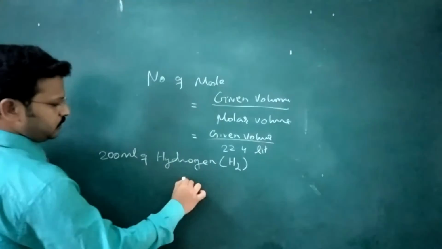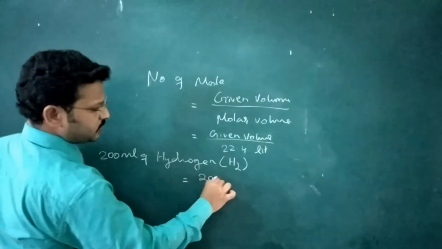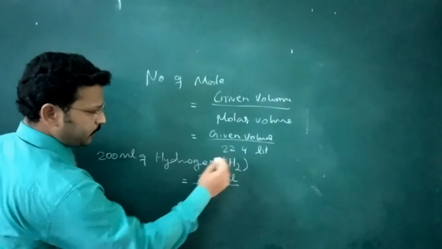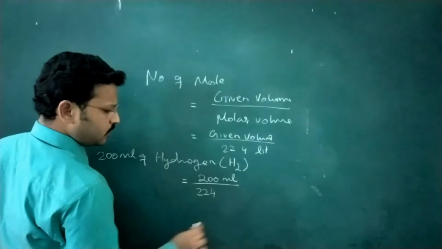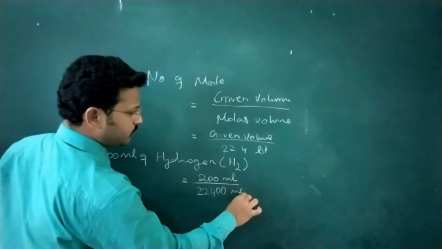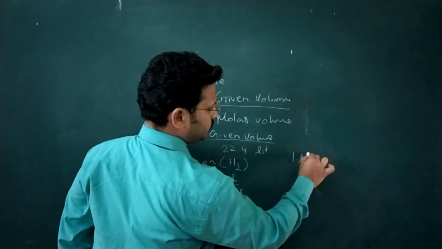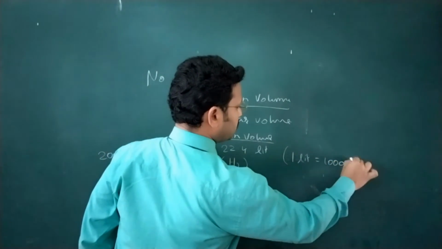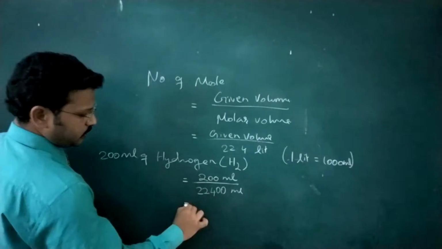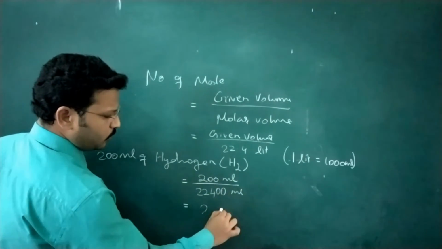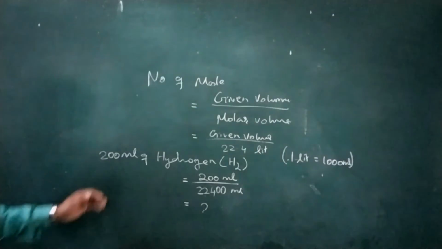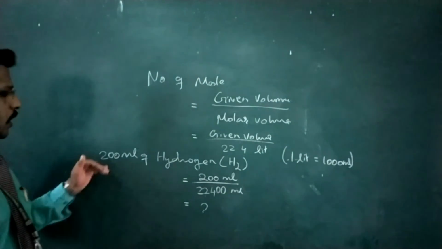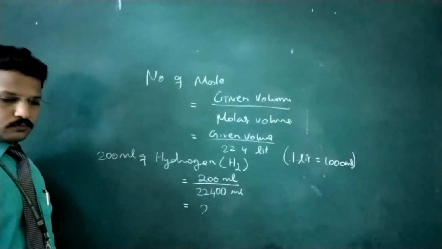Here the given volume is 200 ml. The molar volume is 22.4 liters, which I can write as 22,400 ml because 1 liter is equal to 1000 ml. If you calculate, this value will give you the number of moles present in 200 ml of dihydrogen.